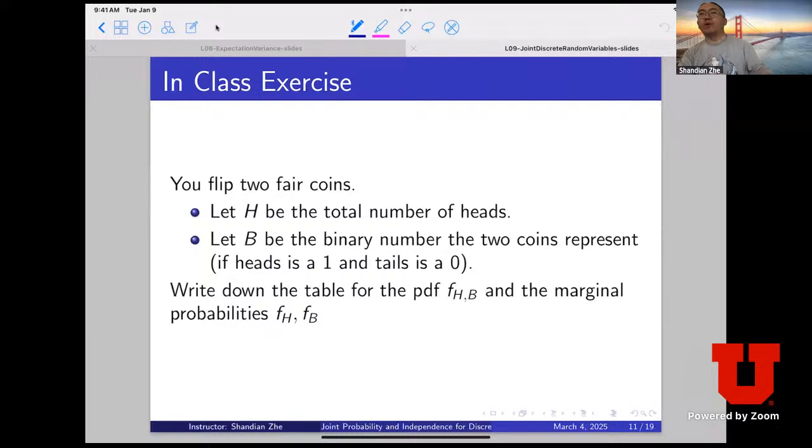Or if you invest in the stock market, you probably purchase 10 stocks rather than one, and you want to look at their overall performance and their relationship. So to study the relationship of multiple random variables, we define the joint probability density function.